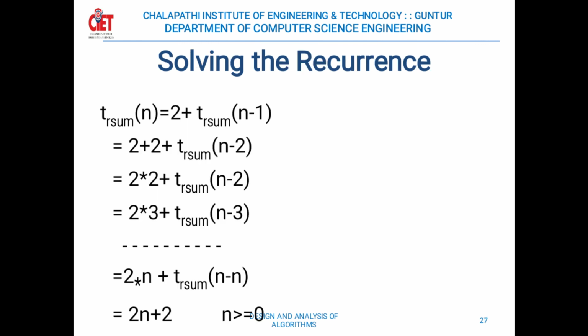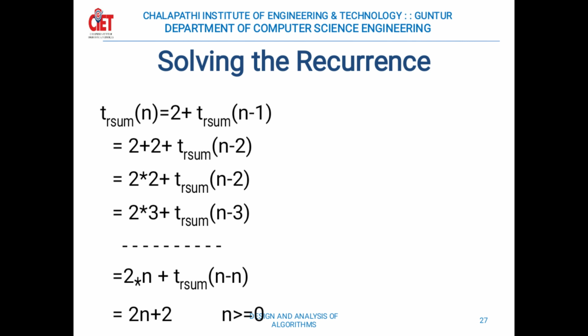It is simplified by using the substitution method. In this substitution method, t RSum of n is equal to 2 plus t RSum of n minus 1. Now substitute t RSum of n minus 1. It is equal to 2 plus t RSum of n minus 2. So 2 plus 2, 2 into 2. After that, next iteration, 2 into 3, n minus 3.